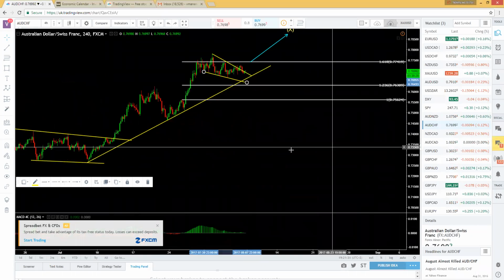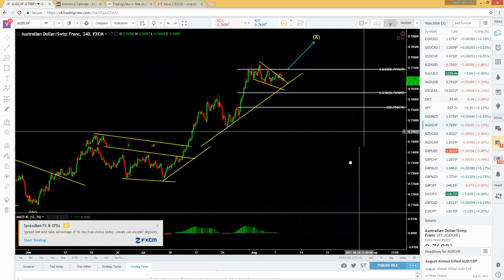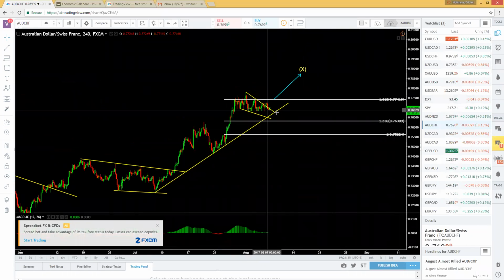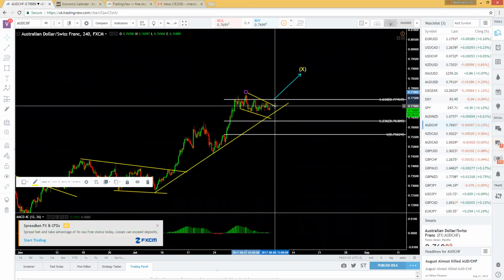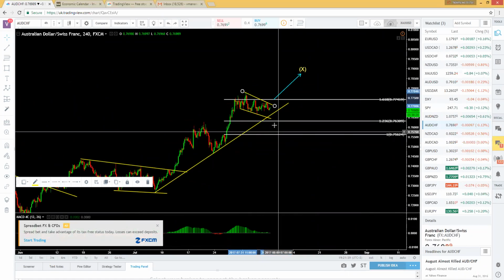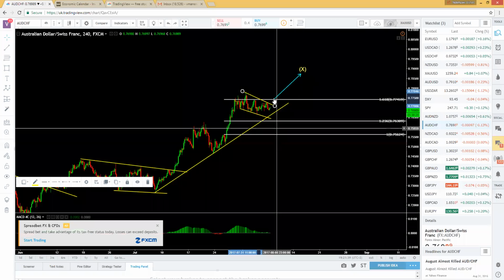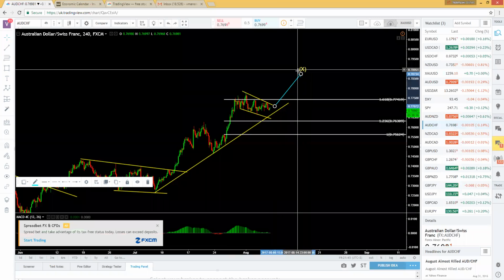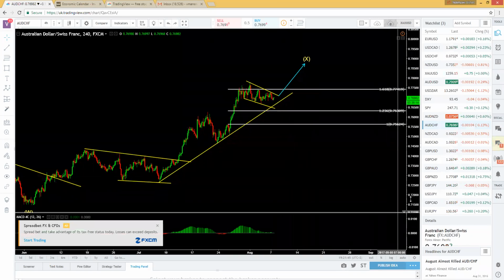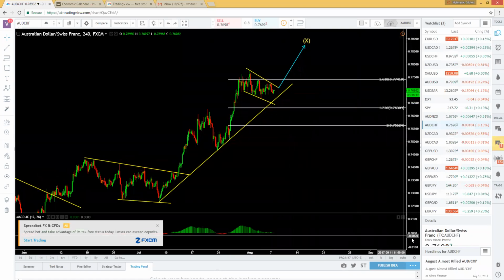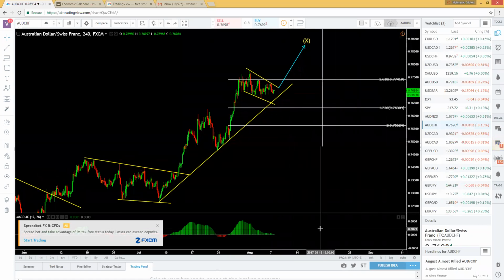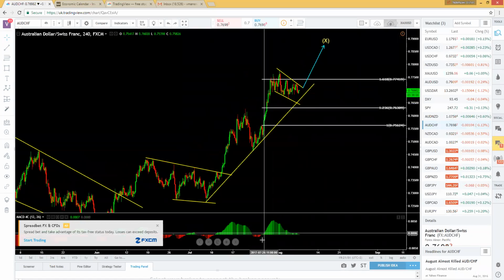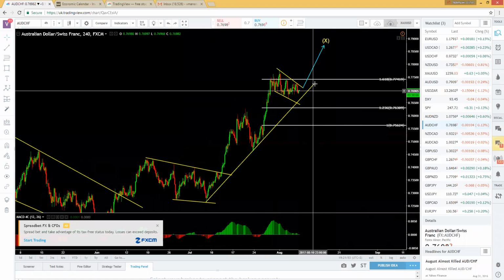In the 4 hour chart, it's even making a flag, which is possibly telling us that this move still needs one more push higher before it reverses. Divergence, nothing. No divergence. So we may get another push higher.